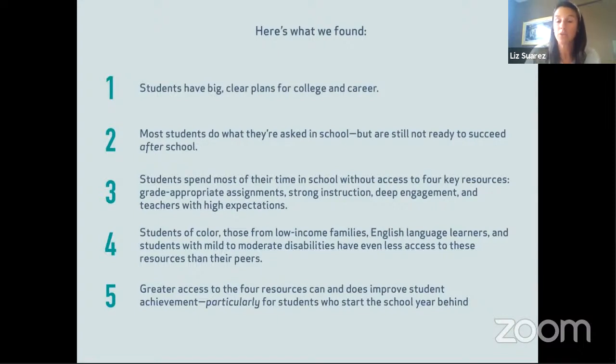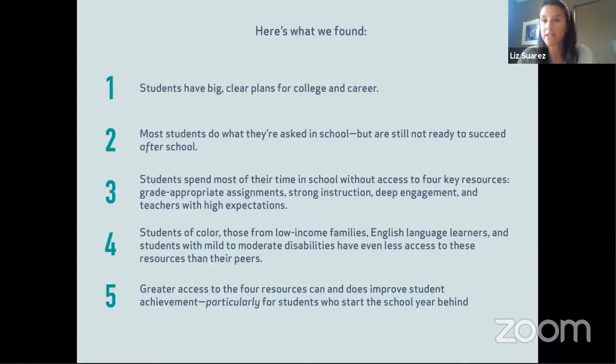We also found that students of color and those from low-income communities, English language learners, and students with mild to moderate disabilities had even less access to the 4 key resources than their more affluent peers, or their peers in general. And then the final thing that we found is that greater access to the 4 key resources can and does improve student achievement, particularly for students who start the year behind.